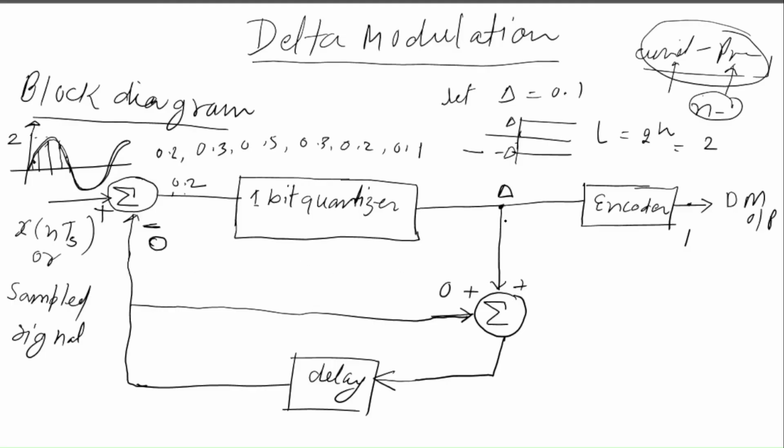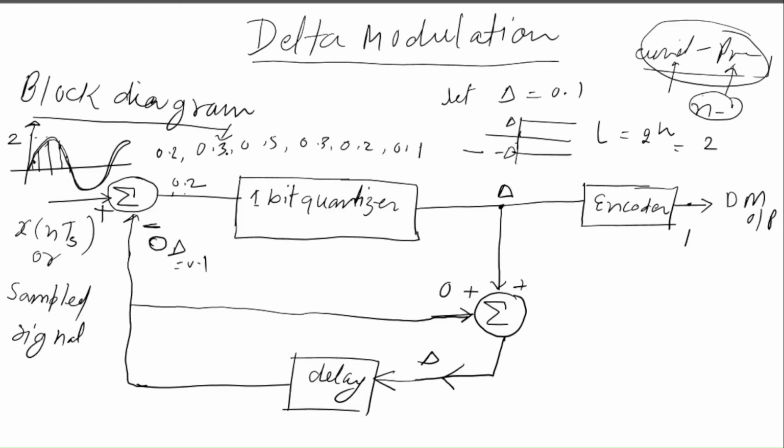So 0 and plus delta propagate here, and in the next cycle this becomes delta, meaning 0.1. For the next sample, 0.3, we subtract not 0 but 0.1, that is delta, propagated through this block diagram.